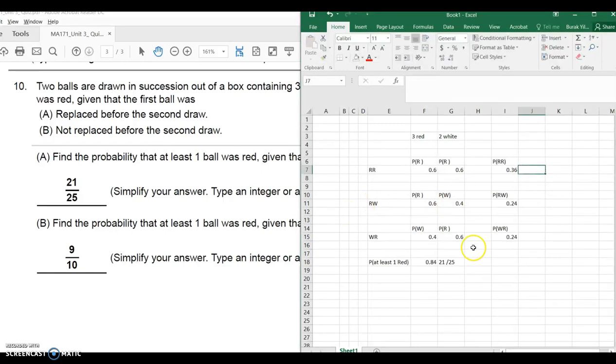I give up. So you get the idea. 21 over 25. You can change this to a decimal, a fraction. 84 over 100. If you simplify by 4, you get 21 over 25.